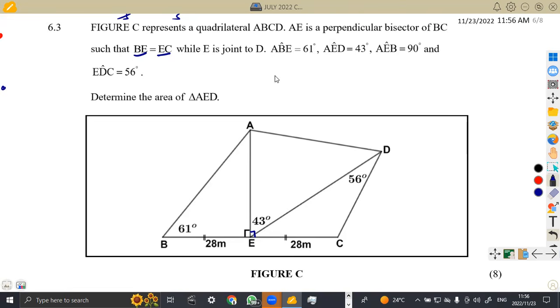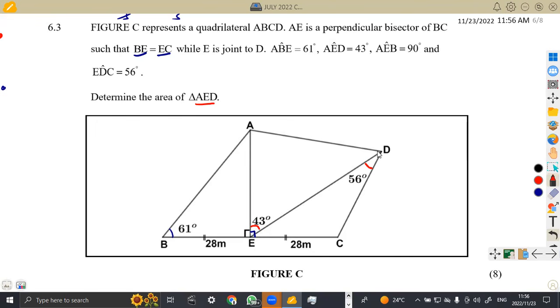We are given the angle 61 degrees, which is ABE, and AED, that's A to E to D, being 43 degrees, that is the angle here. We've got 43 degrees, then 90 degrees on this other part, and 56 degrees on EDC. EDC, that is 56 degrees. That is what we have. Determine the area of triangle AED.